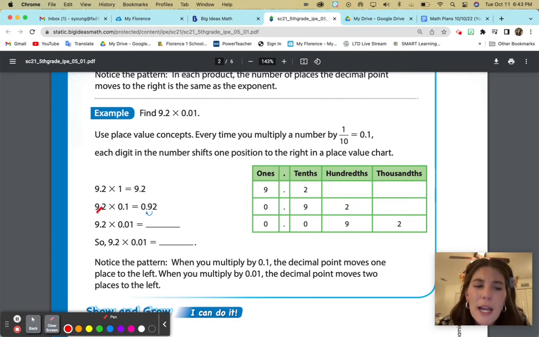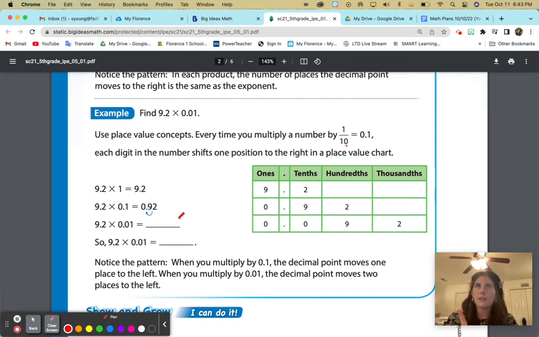If I go 9 and 2/10 times 1/10, now remember, friends, 1/10 also has that fraction version. And how many zeros do you see on that fraction, that denominator? 1. So guess what you're going to do? You're going to move one position of place value to the right. But you know what that does for the decimal? It moves the decimal. Look at the arrow. It moves your decimal to the left.